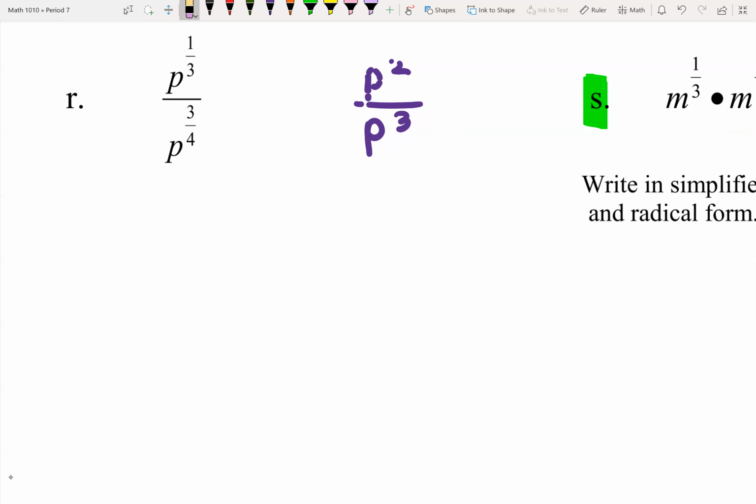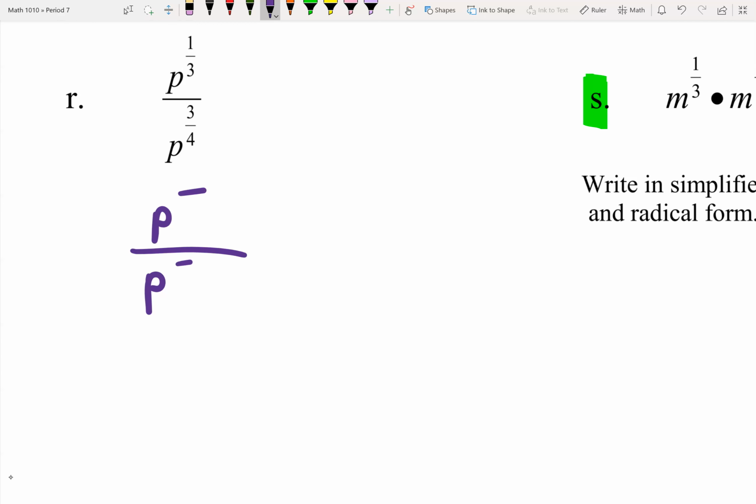So look at what I've got over here. I have to subtract those, but I can't subtract those right now. Somebody tell me why not. Why can't I subtract those? Common denominator. Fractions have to have a common denominator. Okay, let's do it. Everybody put a p over a p.